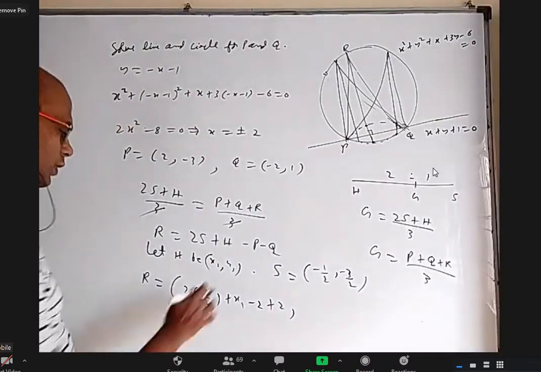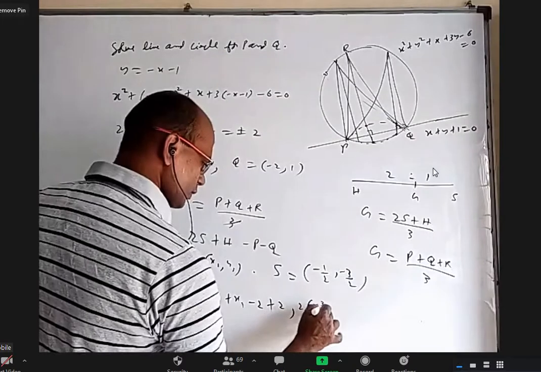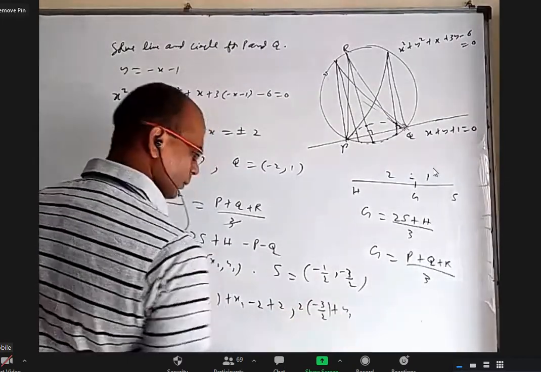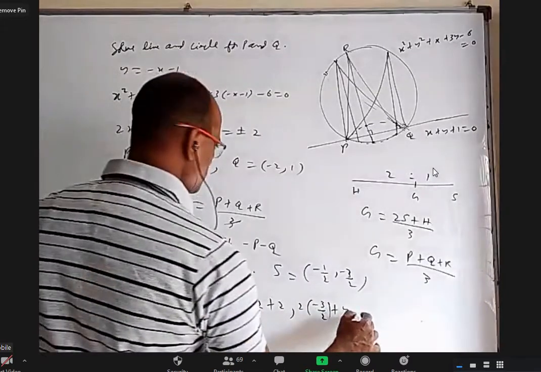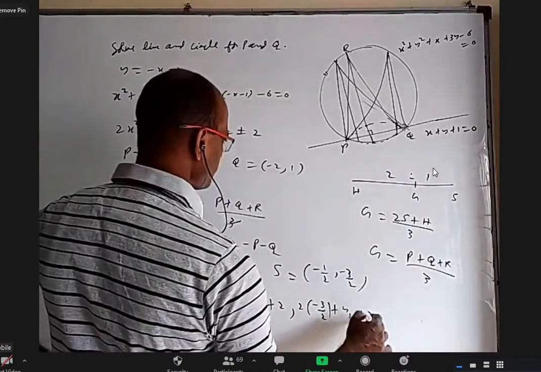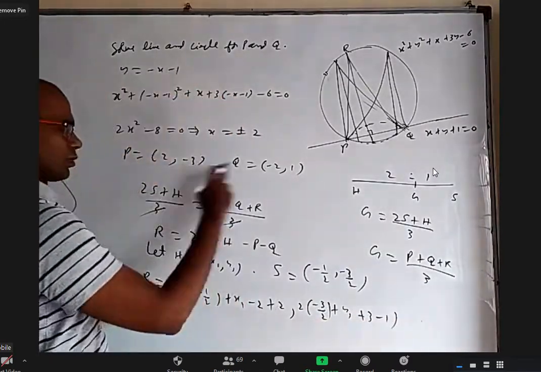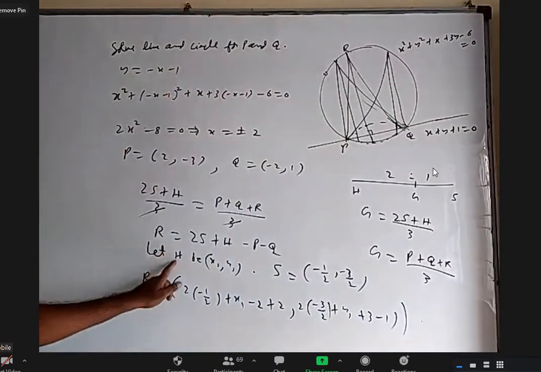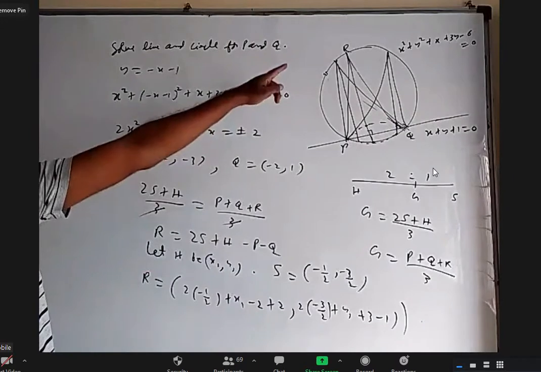Similarly for the y coordinate, 2 into minus 3 by 2, plus y1, and then minus 3, minus 1, that is this y coordinate also. So if somebody assumes the orthocenter is (x1, y1), with that you can find the point R.